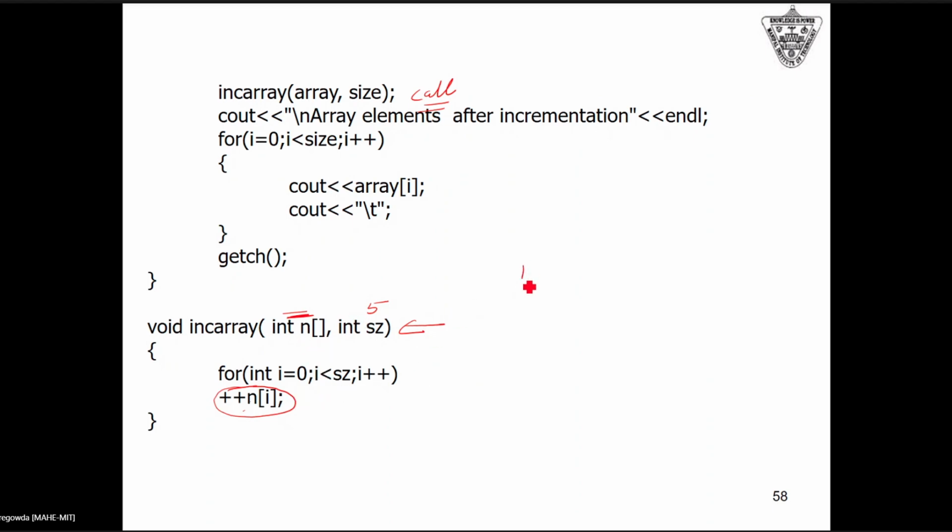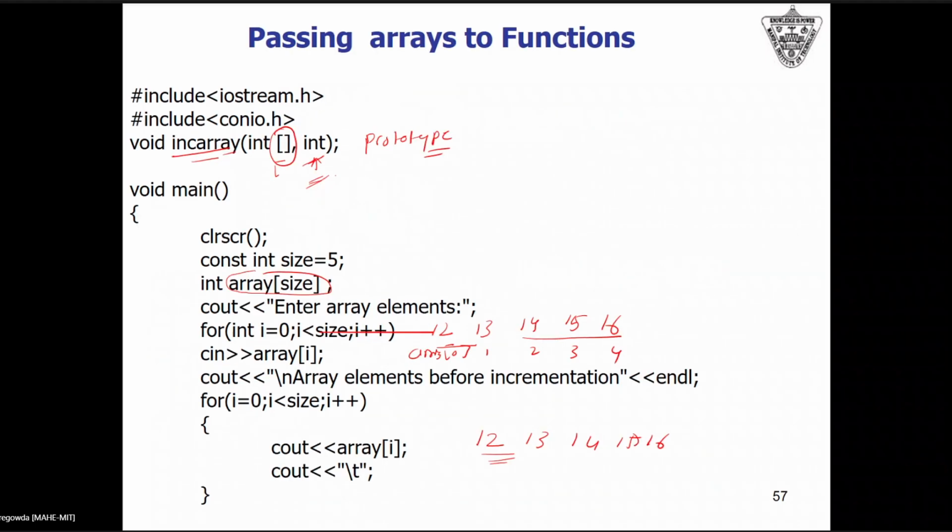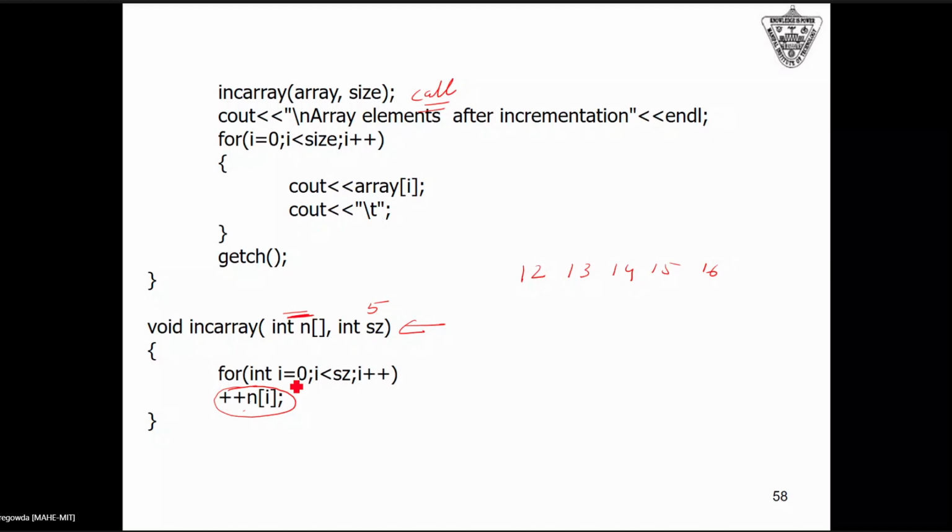We know that the original array has the values 12, 13, 14, 15, and 16. Initially i is equal to 0, so n of i is pointing to the first element, and plus plus n of i makes the first element 13, the second 14, then 15, 16, and 17.